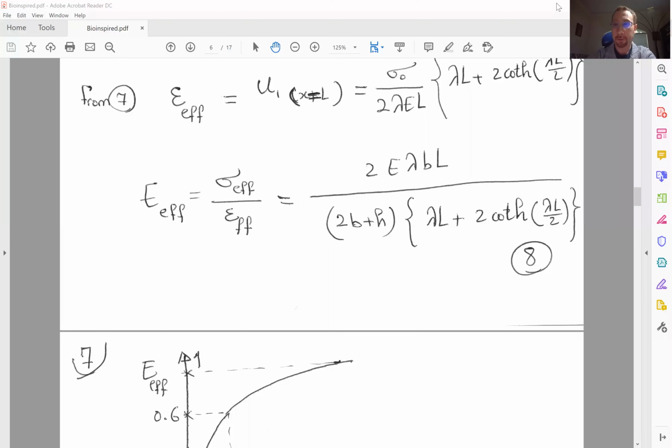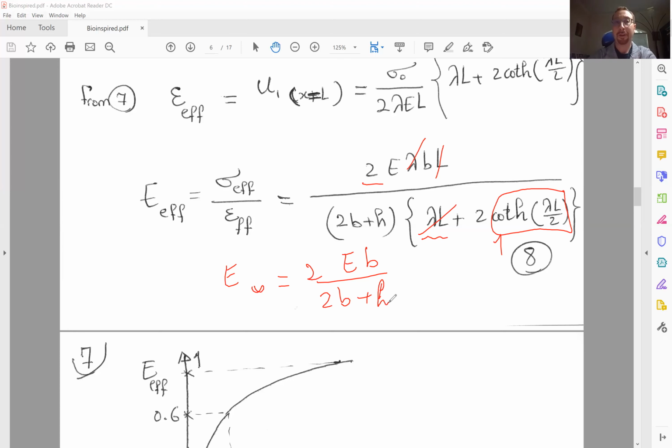When lambda L goes to infinity, this value approaches 1. The denominator will be dominated by lambda L, which cancels out. So E infinity will be 2 times the elastic modulus of the brick times B divided by 2B plus H.